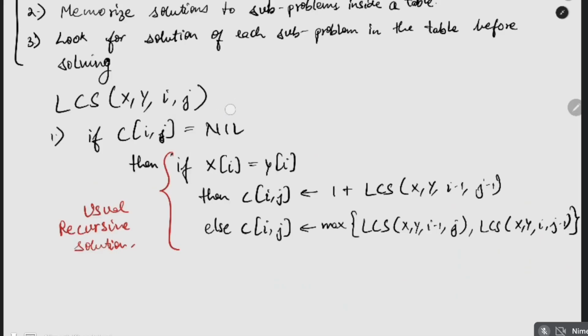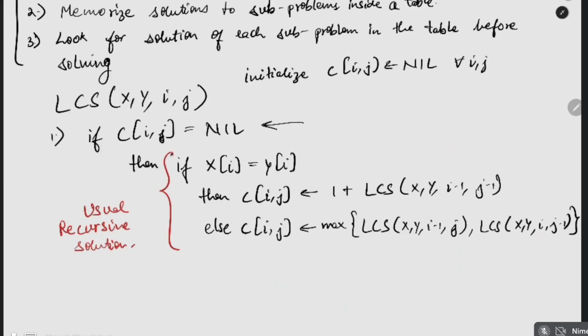We start by initializing all C of i, j with nil values for all i and j, and then we check if it has been solved before or not.